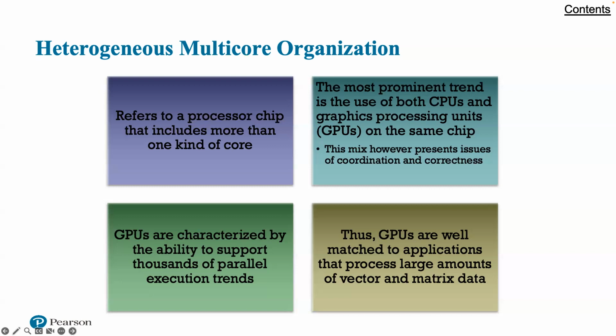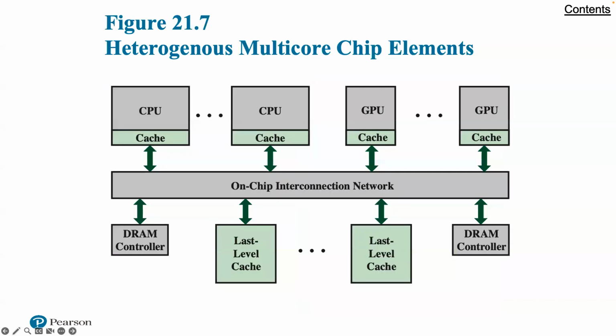To deal with the diversity of target applications in today's computing environment, multi-core chips containing both GPUs and CPUs have the potential to enhance performance. This heterogeneous mix, however, presents issues of coordination and correctness.